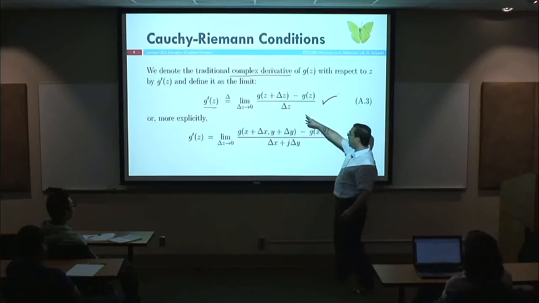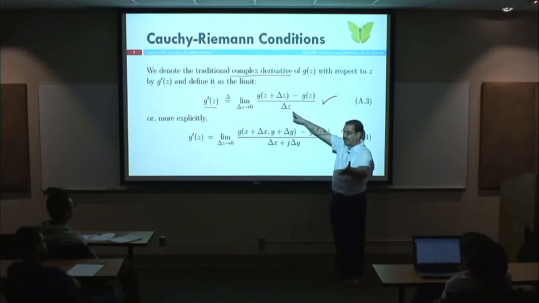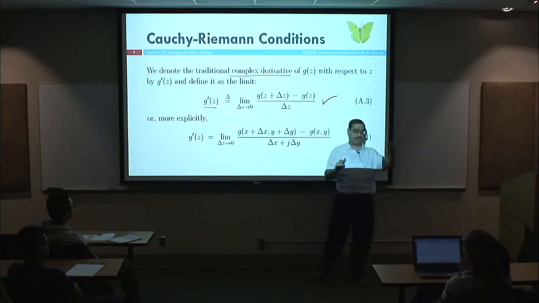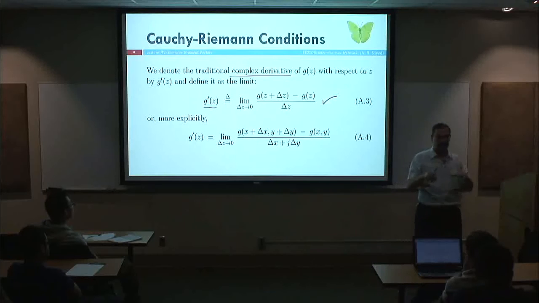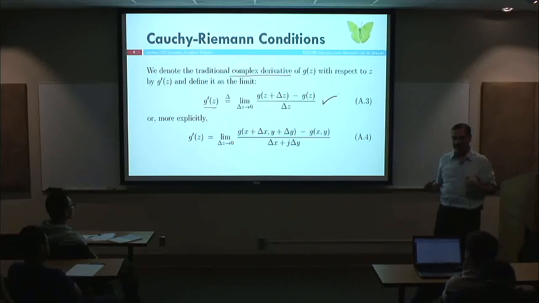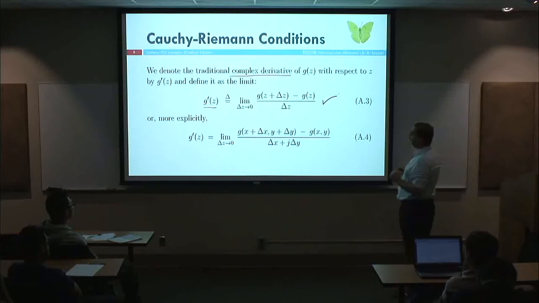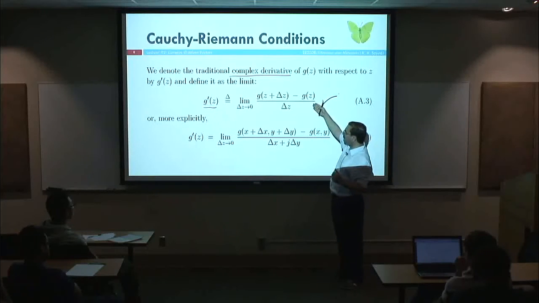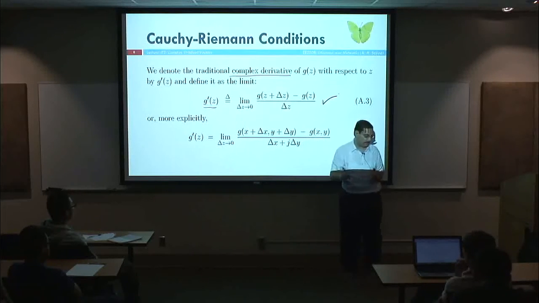This is how you define the derivative in the real case: you take the difference of G at Z plus delta Z and G of Z, you divide by delta Z and take the limit as delta Z goes to 0. You can write it in terms of delta Z going to 0, or you can express that same ratio in terms of x and delta x, y and delta y. These are 2 equivalent representations.